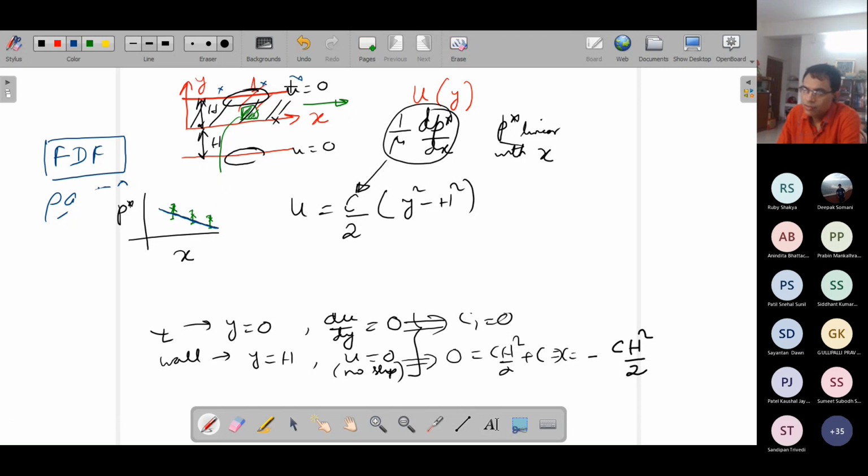But still, in many cases, even for analyzing such a simple channel flow, you will not like to have pressure measurement at various locations along the axial direction. That will unnecessarily complicate your flow system.